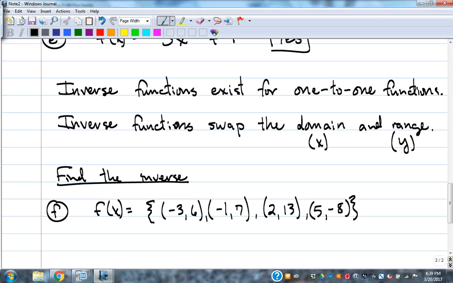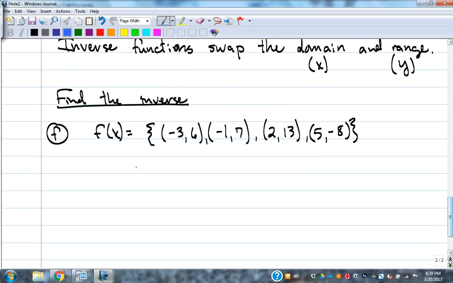That's a one-to-one function because none of the x values repeat, none of the y values repeat. So I know it has an inverse that is a function. So the inverse of that swaps the domain and range, or swaps x and y. So what's it do to those ordered pairs? Just flips them around. (6, -3), (7, -1). This is the easiest stuff we do.